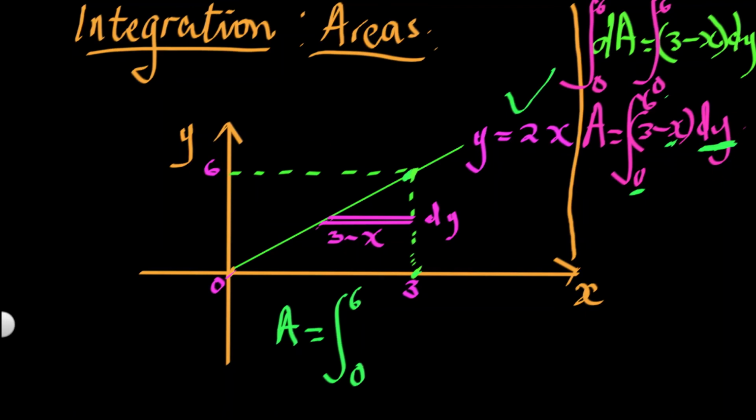From there, we can make x the subject of the formula. From here, we can see that x is equal to y over 2. So when there's x here, we can put y over 2, which means our area is essentially the integration of 3 minus y over 2 dy.